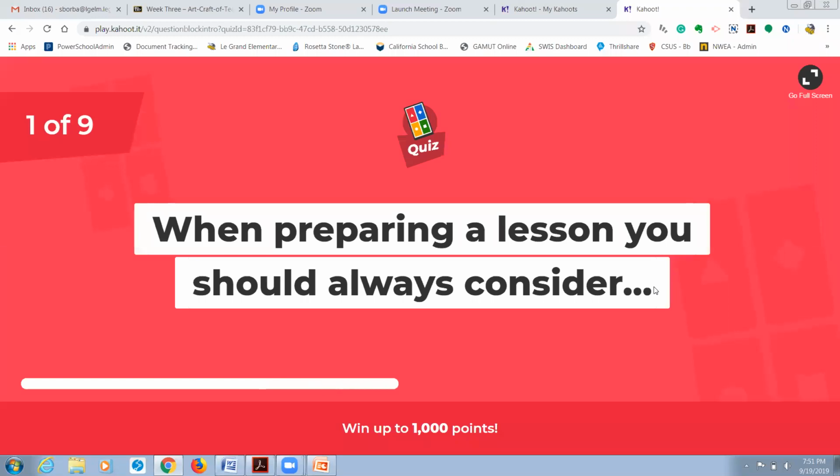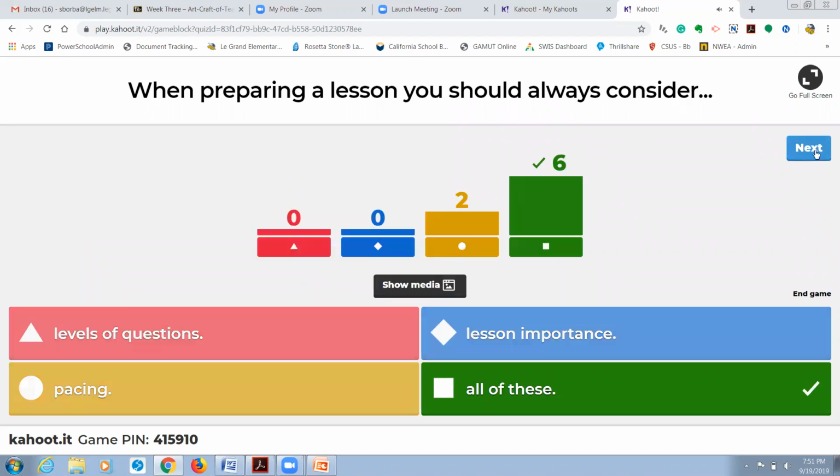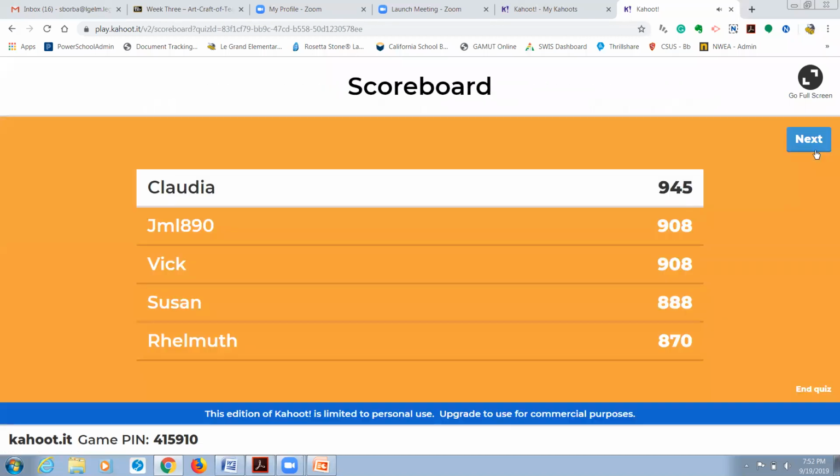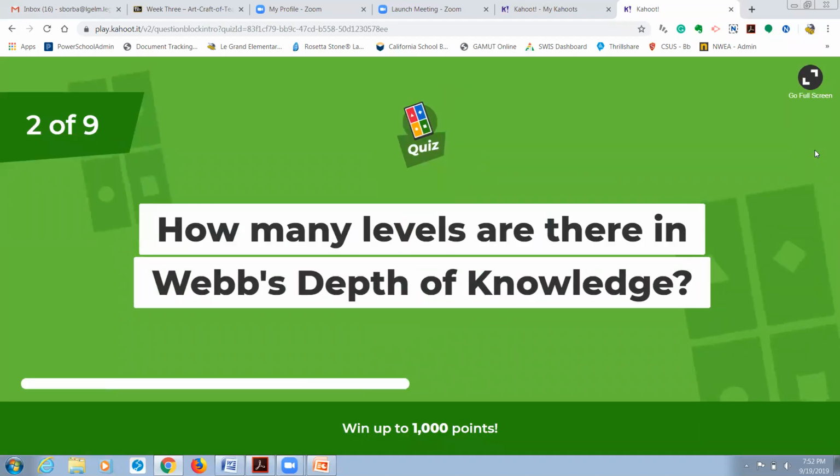When preparing a lesson, you should always consider absolutely levels of questions you ask, the importance of the lesson, and pacing. Good. Next question. How many levels are there in Webb's depth of knowledge?